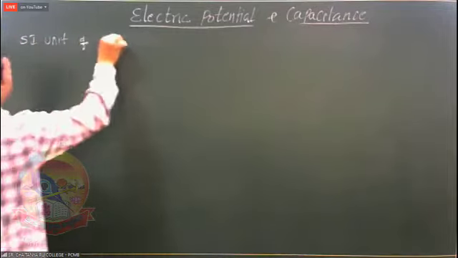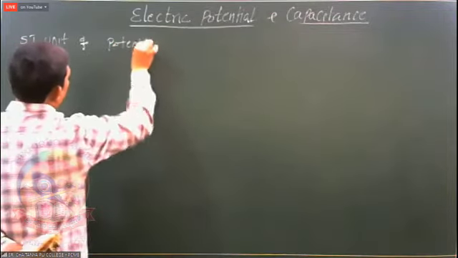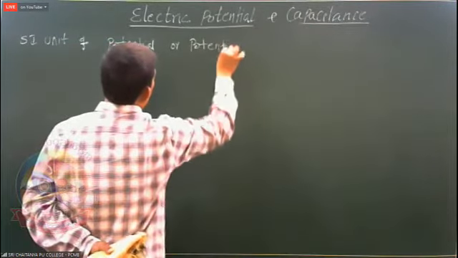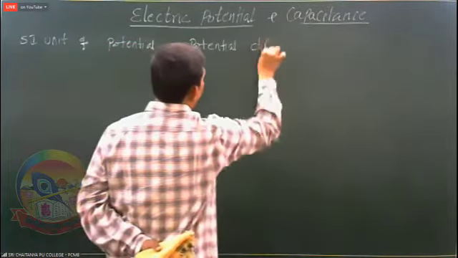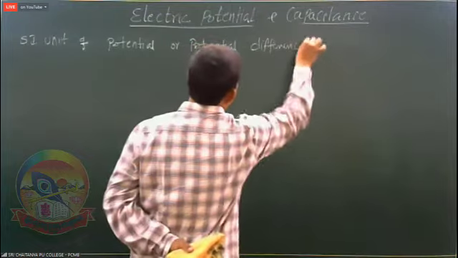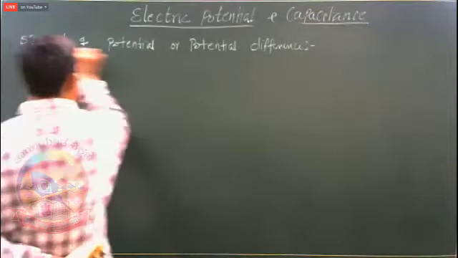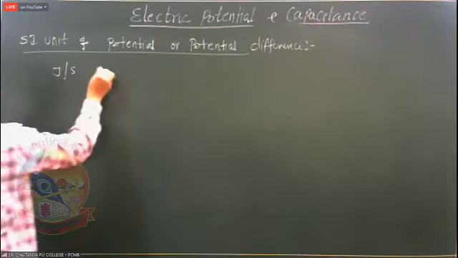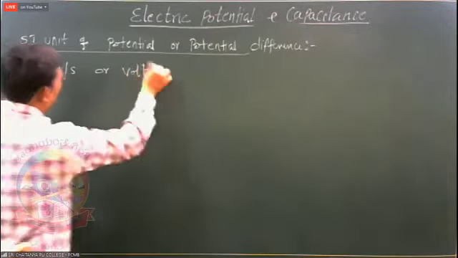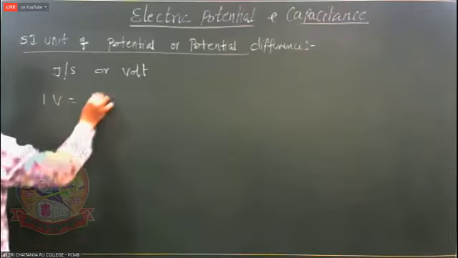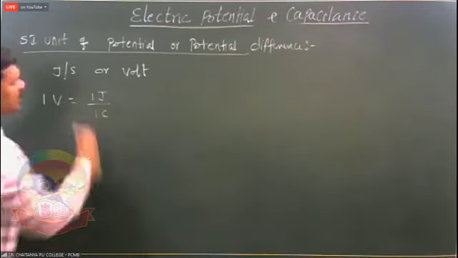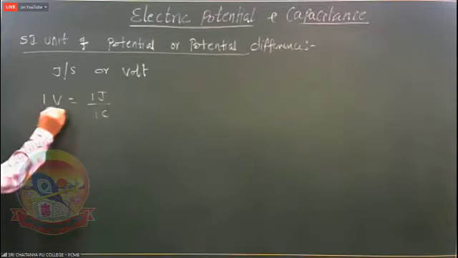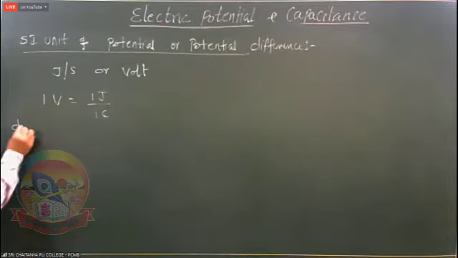The SI unit of potential or potential difference is joule per coulomb or volt. 1 volt is equal to 1 joule per 1 coulomb. Sometimes they ask you to define this volt. Definition of volt.